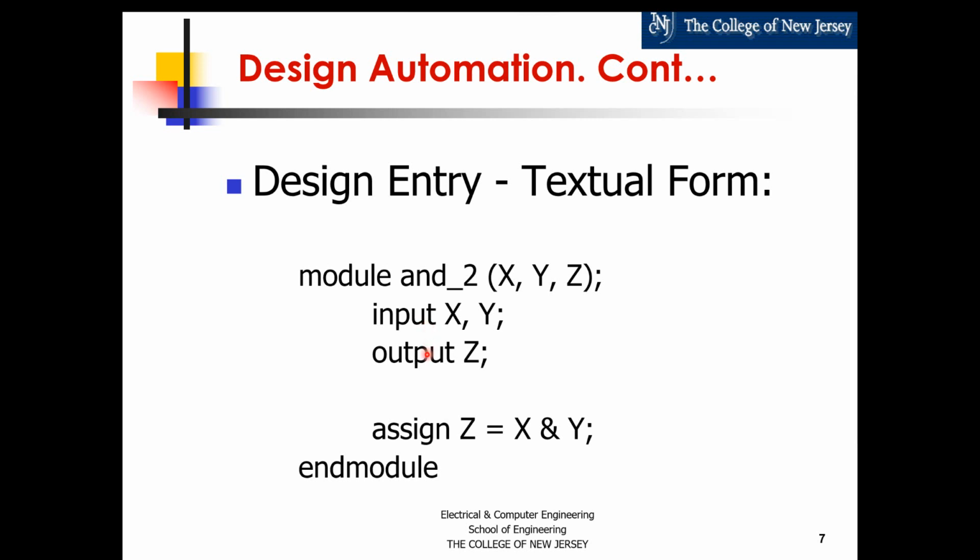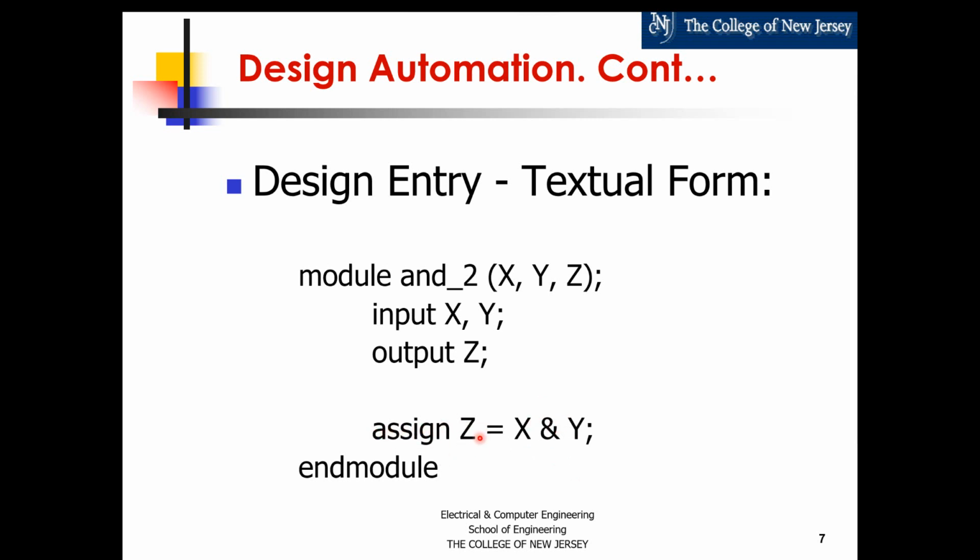And then you have to describe the functionality of the module. So we're saying that this is a 2-input AND gate. So we say that the output C is equal to the ANDing of the inputs X and Y. Obviously, this ampersand is the logical AND operator, and this is an assignment.